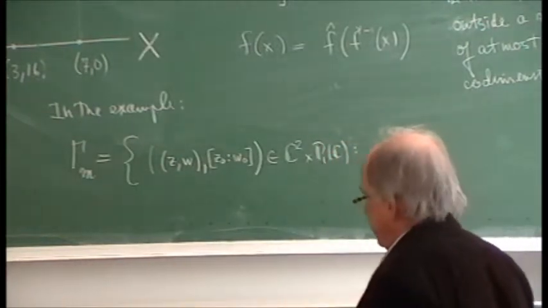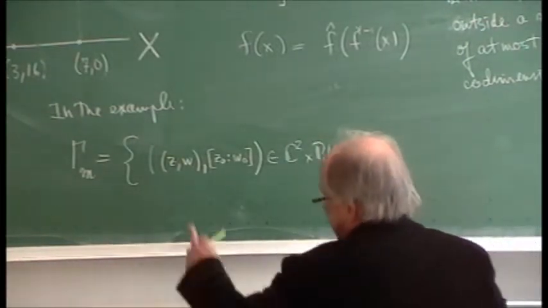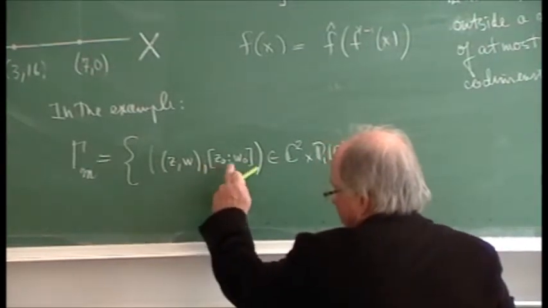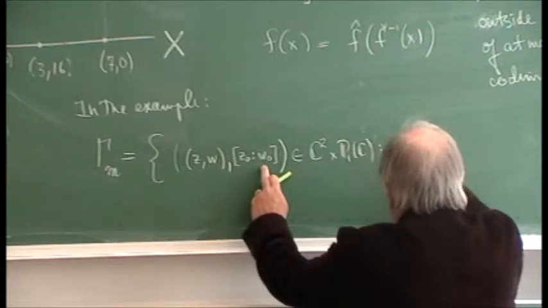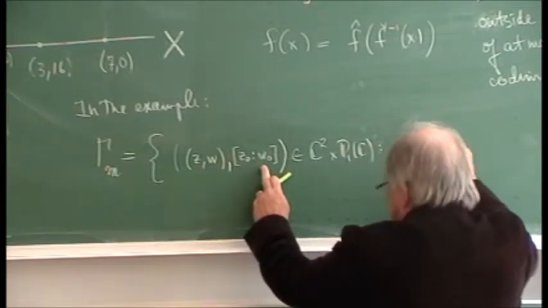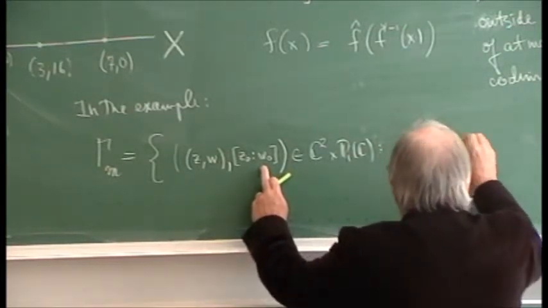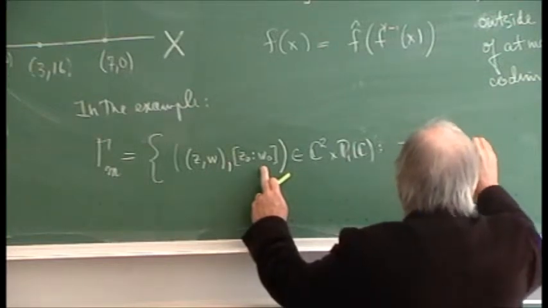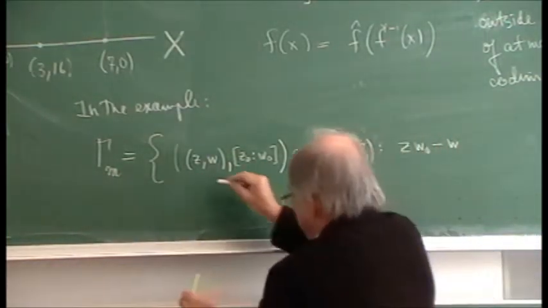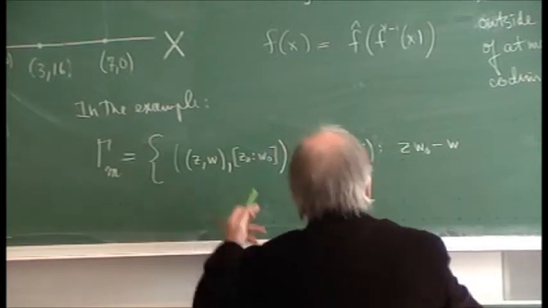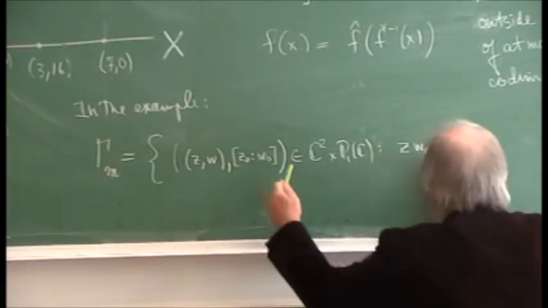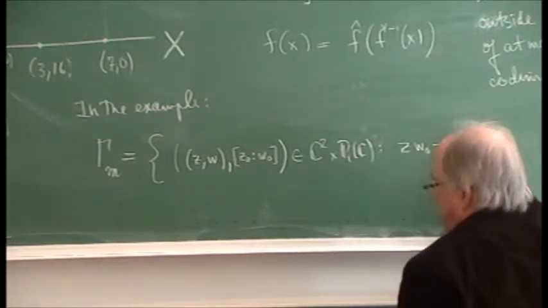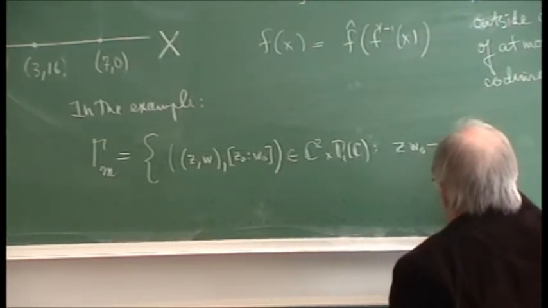Now I have to tell you, the statement is that Z over W equals Z0 over W0, so I'll write it Z W0, I have to write it this way, minus W, okay, so these are the coordinates in C2, so I maybe should use something better, but, okay, Z over W equals Z0 over W0, what do I do?